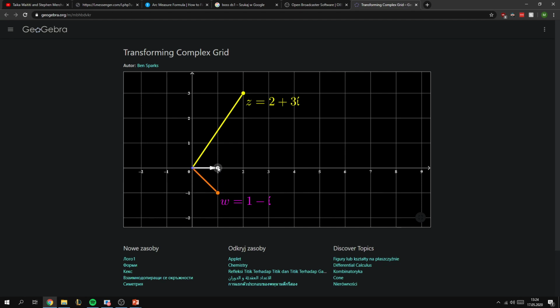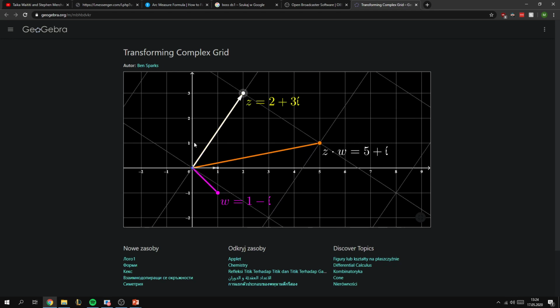So here we have w, and it's also going to be scaled up by the length of z.